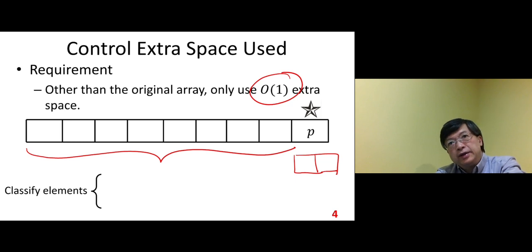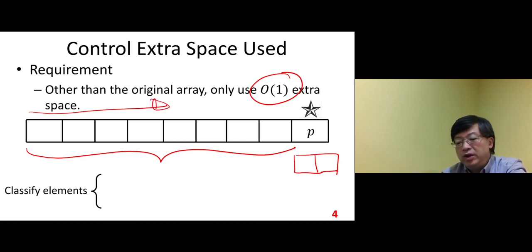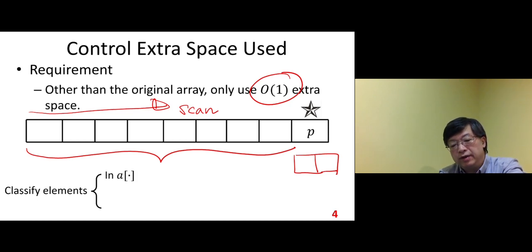When we process the elements in the array, remember we need to scan from the beginning to the end. There are three cases for each array element. The first one: the element is placed in the A subarray.